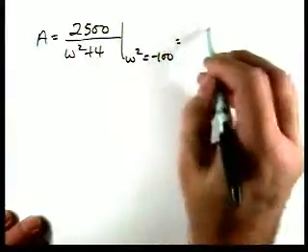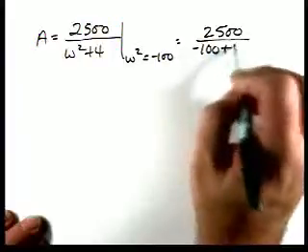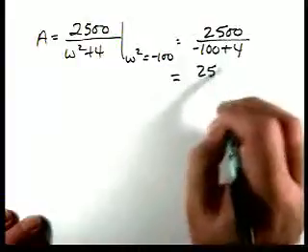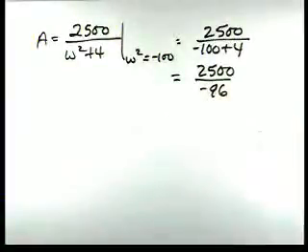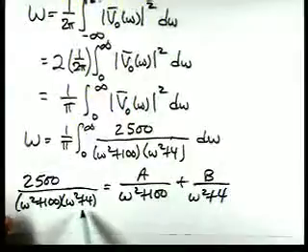And that's 2500 over minus 100 plus 4, which is 2500 over minus 96. And then for B, we'll multiply through by omega squared plus 4 and let omega squared equal minus 4.